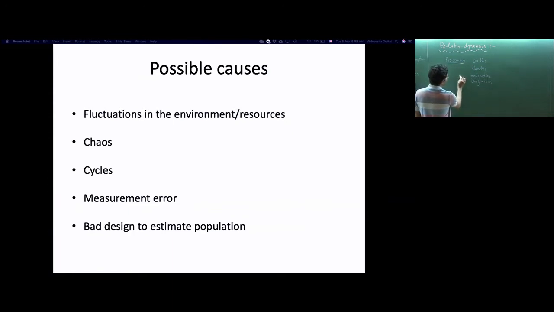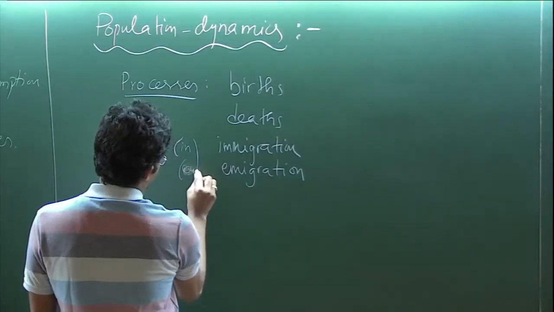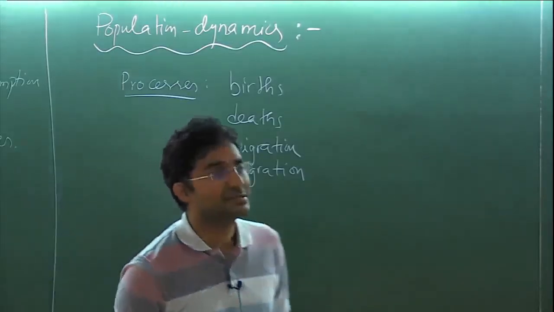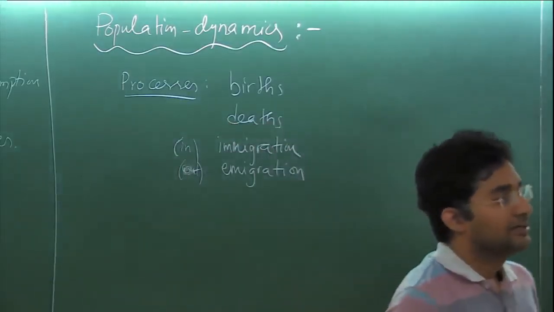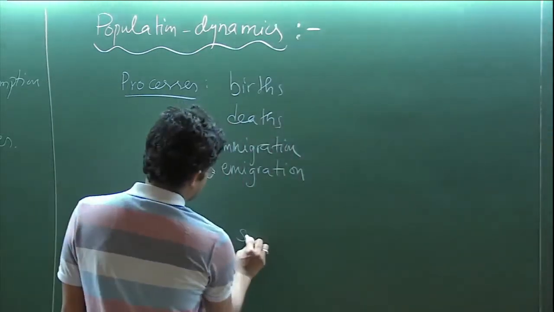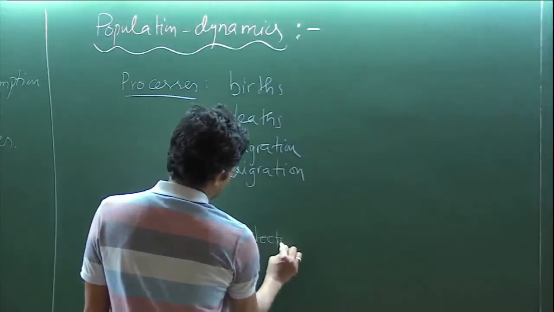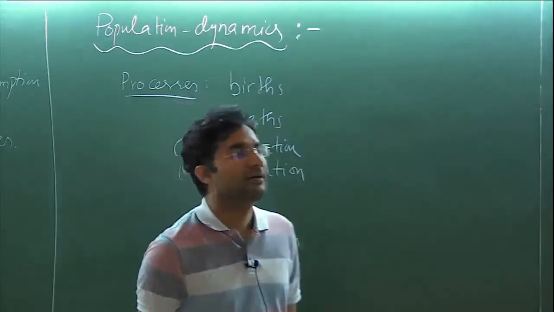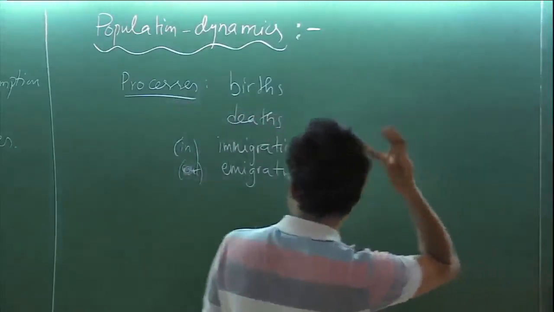Immigration is basically populations coming from some other area to your area of study. Emigration is the going out. Okay, what else? Selection, okay, fine. We'll discuss this a bit later. Resources.